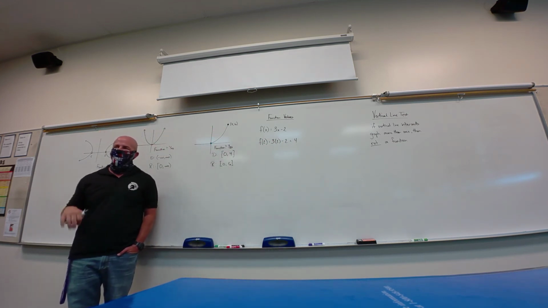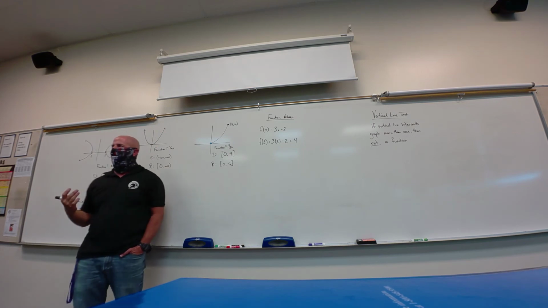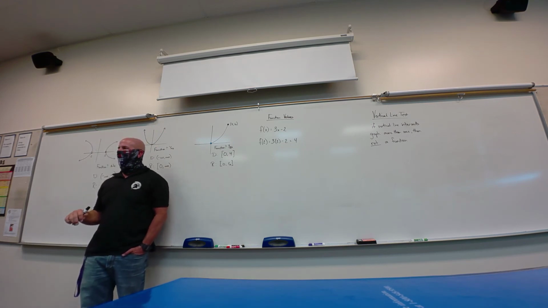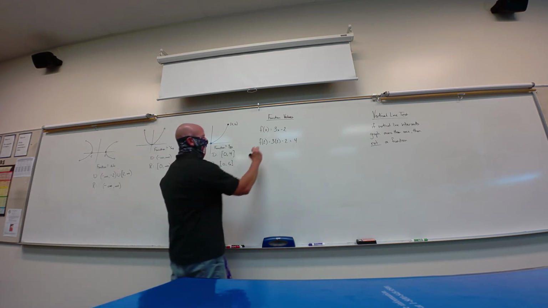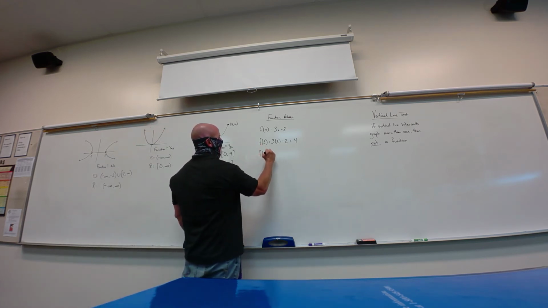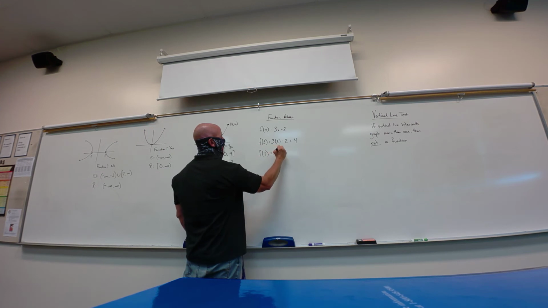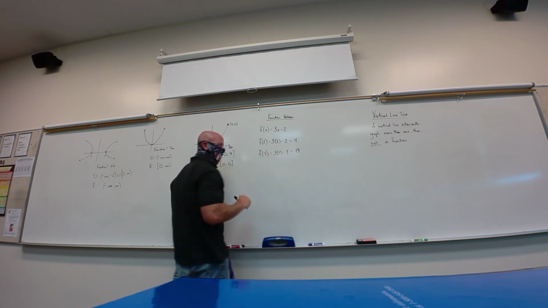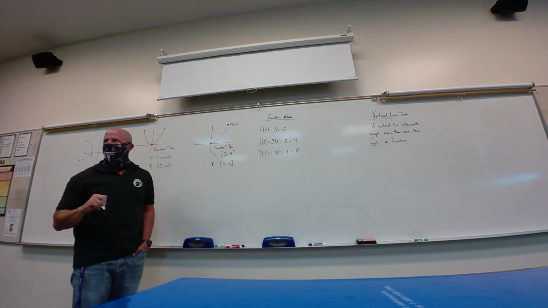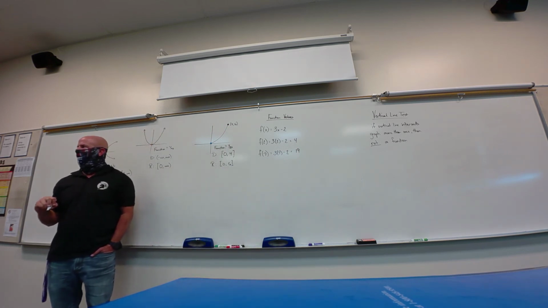Whether or not you got the question right, does that look familiar from somewhere in the past? If I want to find f of 7, 3 times 7 minus 2 is 19. Okay there?